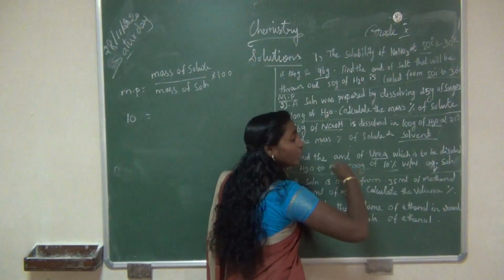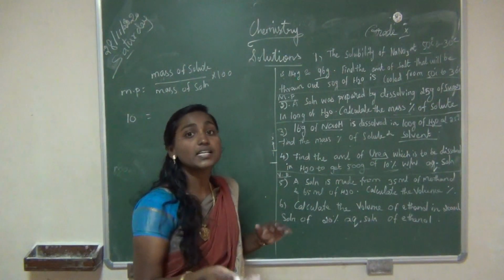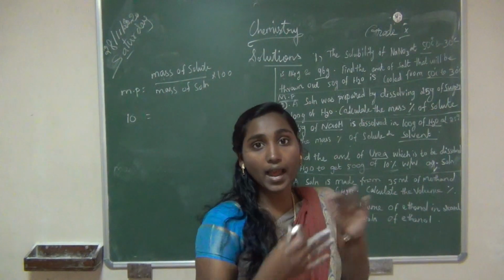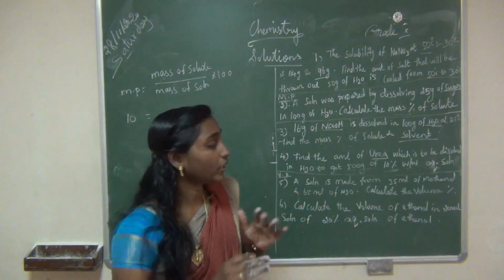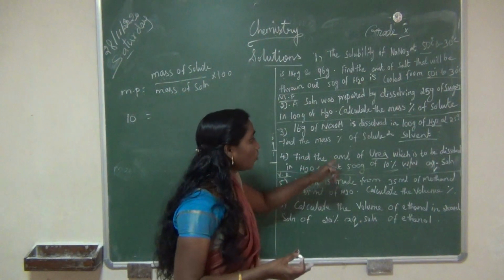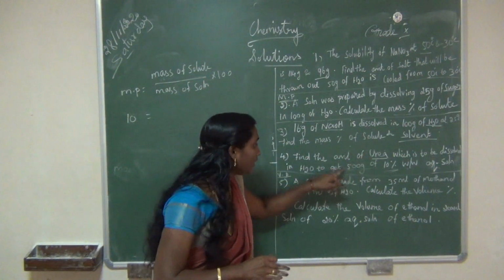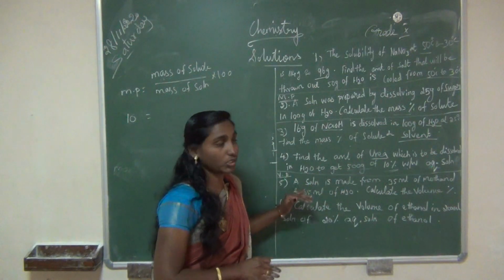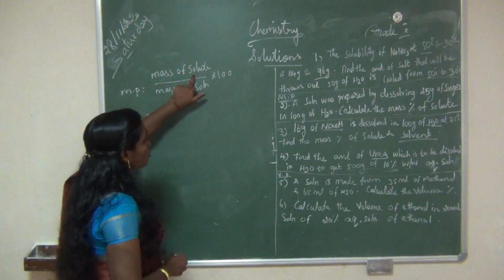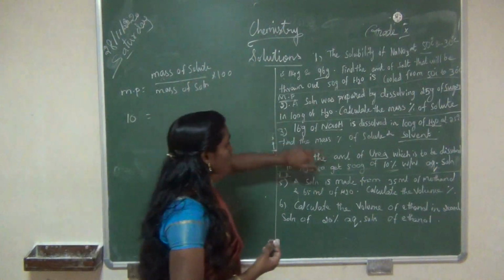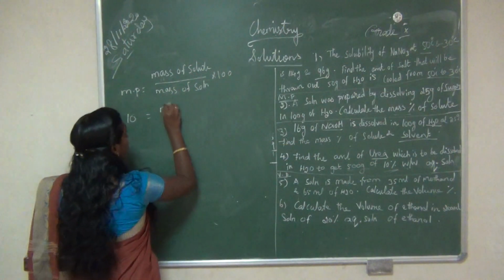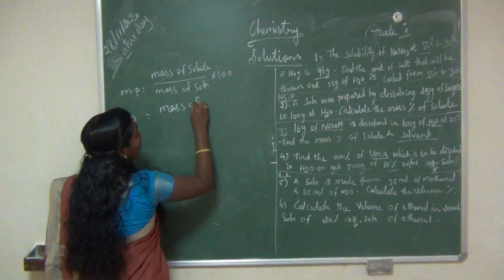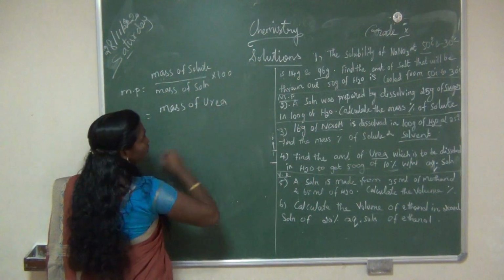Then 500 gram of solution. 500 gram of aqueous solution means that it contains urea and some water also. Urea was dissolved in water. So 500 gram of aqueous solution. The mass of solute we don't know, right? So we can write mass of urea. Urea value only we are going to find out.